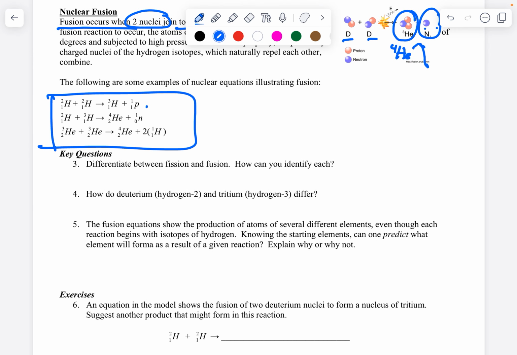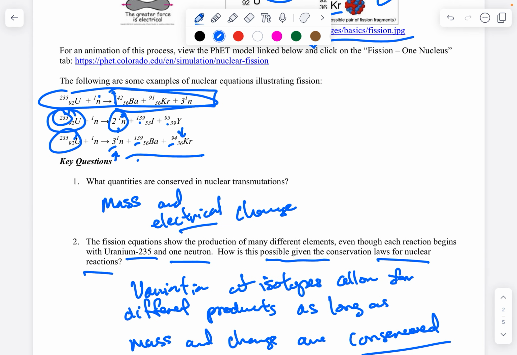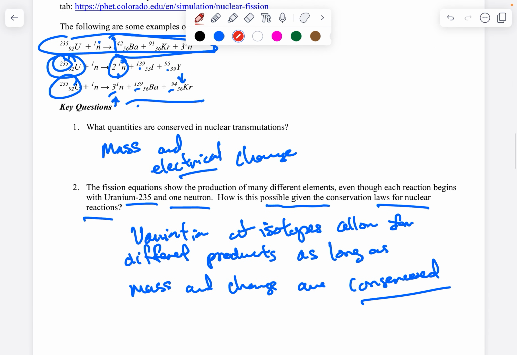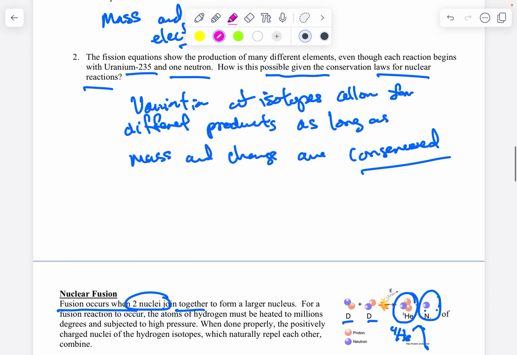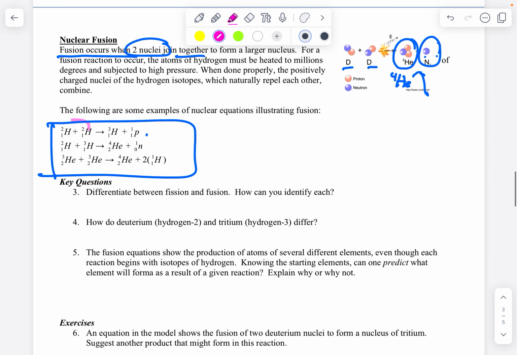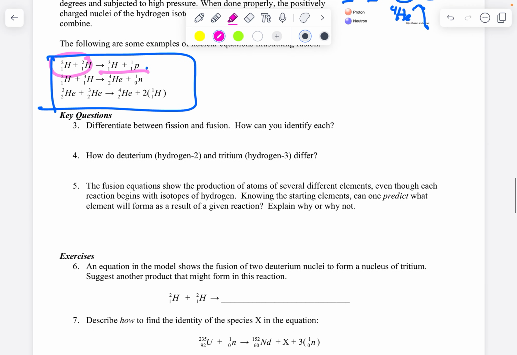But yeah, so you take a look here. You can clearly see the difference between these two. One of them is breaking down. If you take a look at this one, you can see that it's breaking down. It's big and it gets smaller. This one is small and it gets bigger. The nucleus is getting bigger.